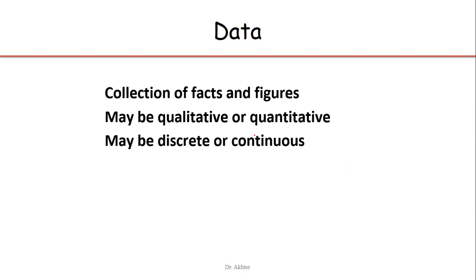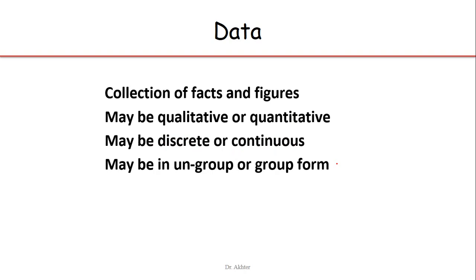Quantitative data may be discrete or continuous. If the data is in whole number, then we can call it as a discrete data. If it can be in fractions, we can call it as a continuous data.